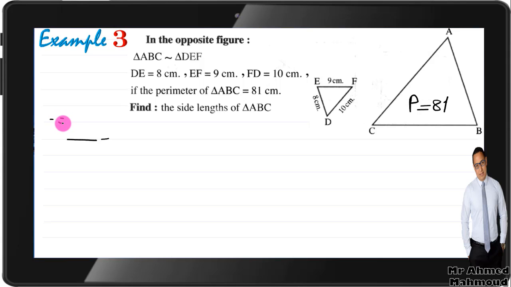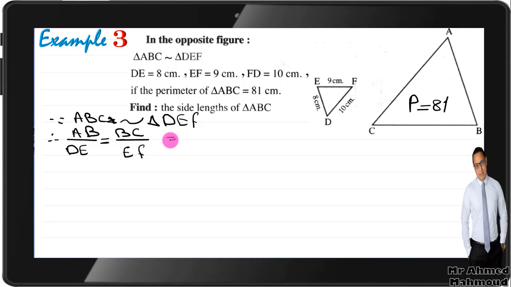So, since triangle ABC is similar to triangle DEF, therefore AB over DE, and DE here equals 8, okay, I will write it as letters, DE, equals BC over EF equals AC over DF.